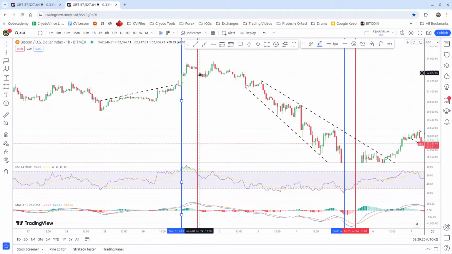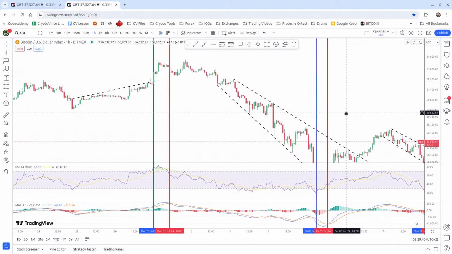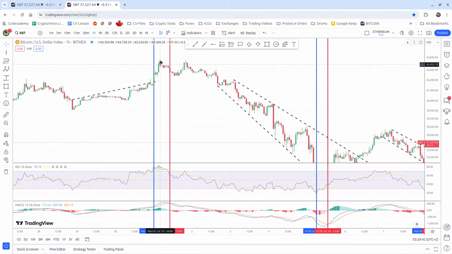Okay, so maybe in this case it wouldn't have worked properly as it did in these three trades, but still signaled a downtrend move.